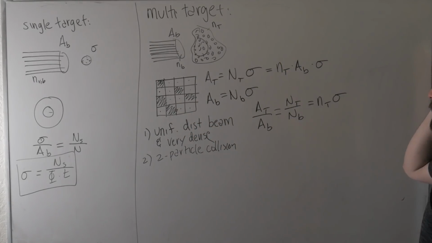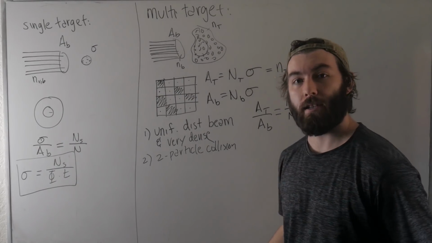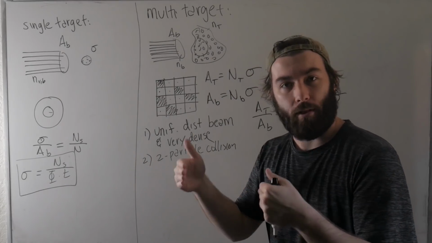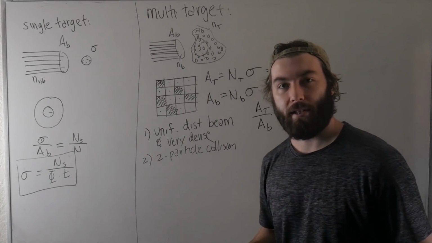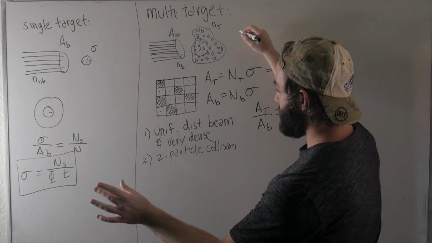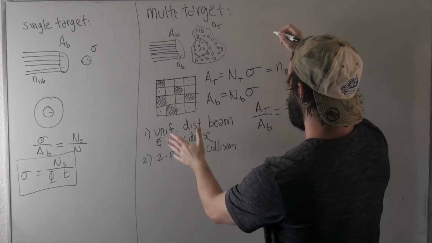Okay? So how do we phrase that mathematically? Well, if we want to talk about a specific slice in time, we have to have a prior and then following slice in time, which we'll characterize by some number tau. So what I'm saying here is that at a certain slice in time, the number of scattering events is equal to the number of targets.